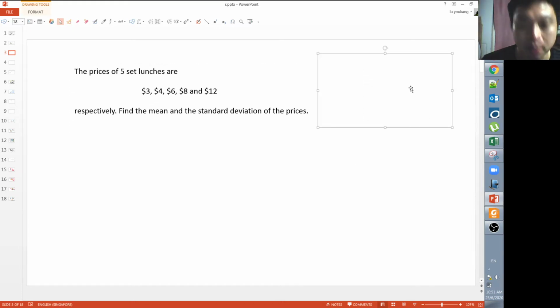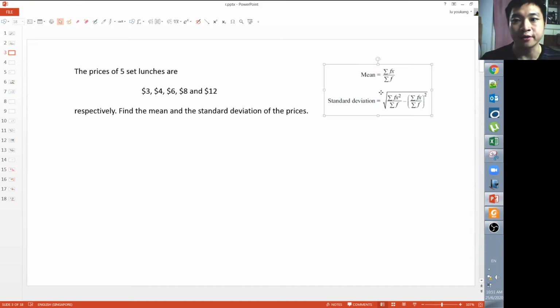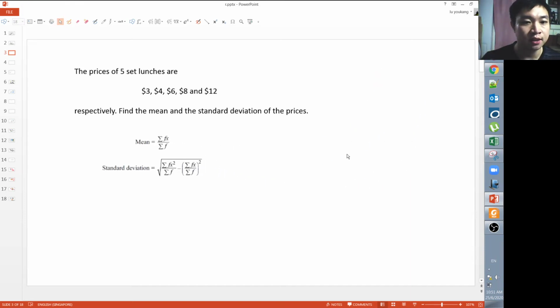Let me move it here. What do you see here? The formula for the mean. You can see the formula is pretty complicated at first glance.